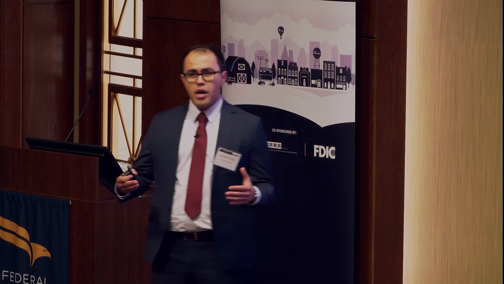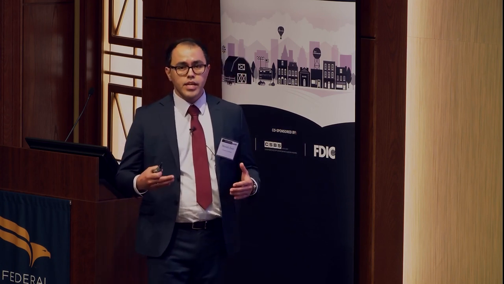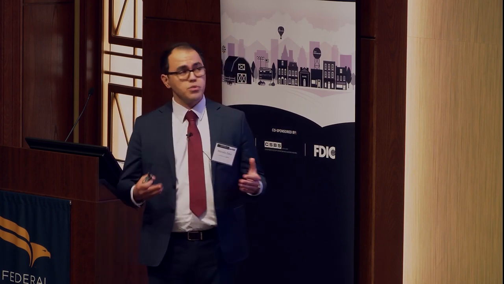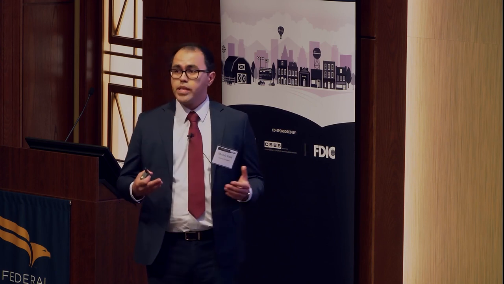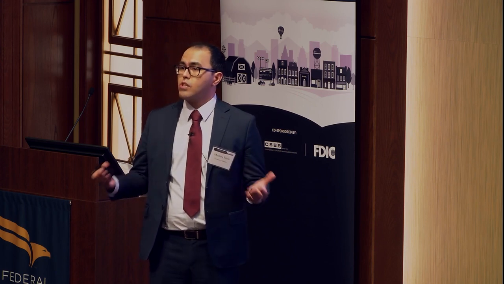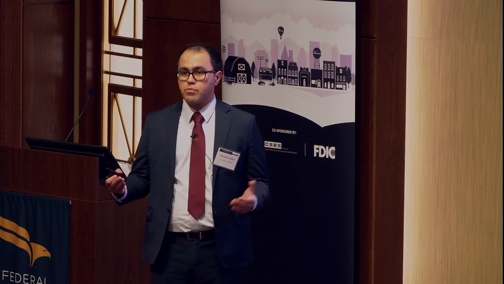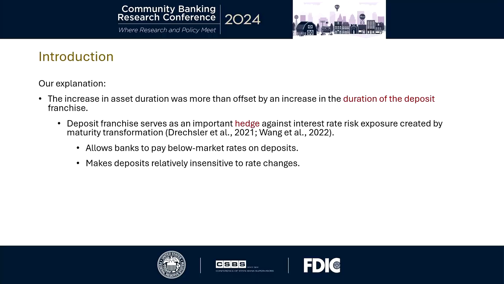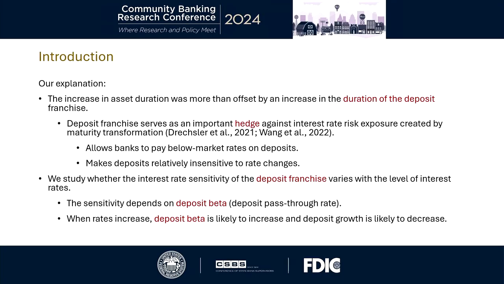Because of their market power, they can set deposit rates that are insensitive to benchmark rates, so the deposit franchise is a natural hedge to interest rate risk exposure. Building upon this idea, in this paper we try to understand the value of the deposit franchise in two different time periods, before the financial crisis and after the financial crisis.